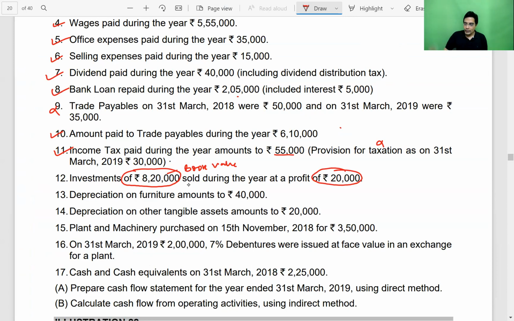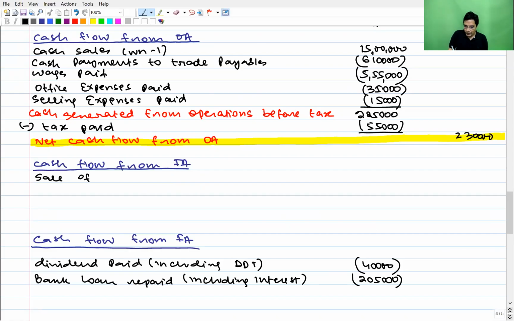This means we sold it for 8,40,000. Sale of investment will be recorded in investing activity. 8,40,000. 8,20,000 plus 20 comes to 8,40,000.